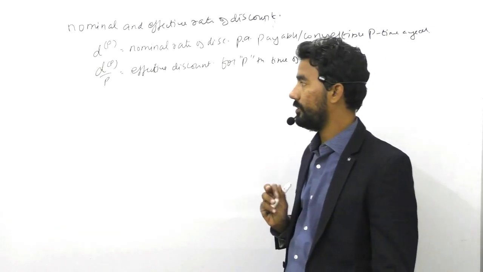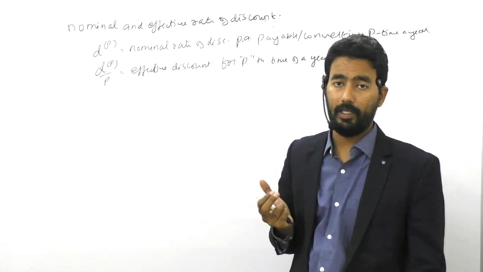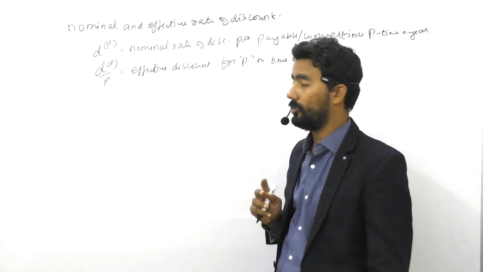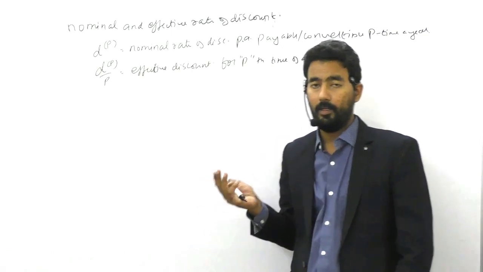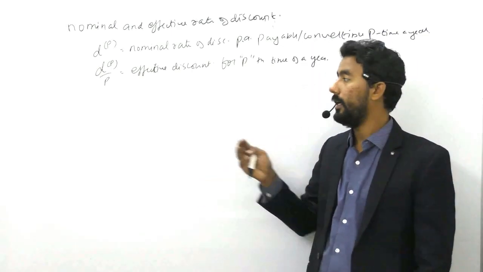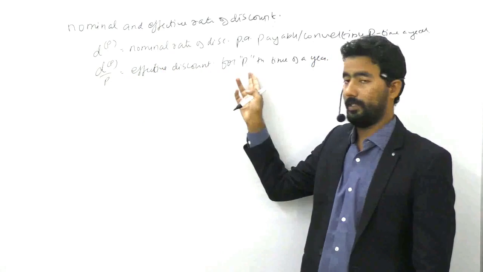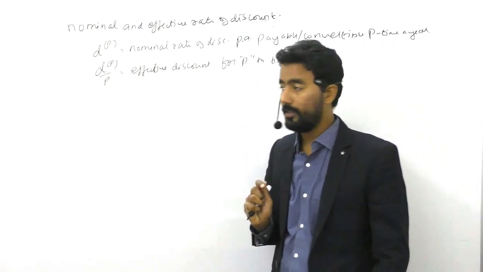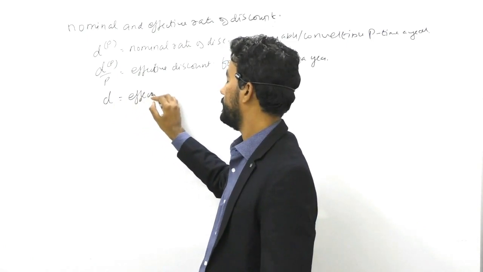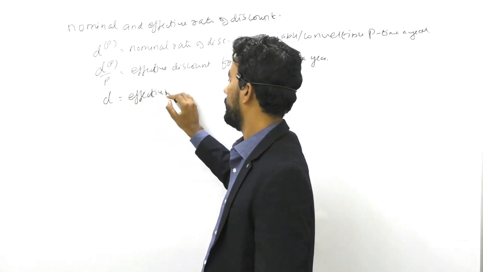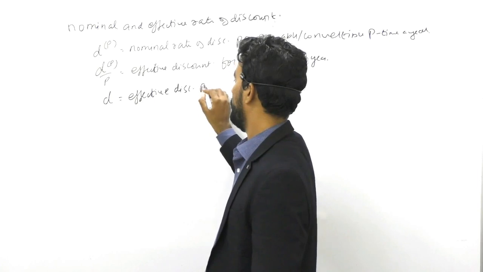So if the discount rates are payable monthly and you write d^(12), it is a nominal rate. If the monthly discount is 1%, I can write d^(12) is 12%, 12% per annum payable monthly. And d^(12)/12 can be written as 1%, and that 1% is the monthly discount rate. And d is the effective discount per annum.